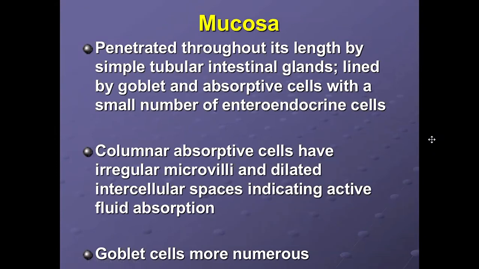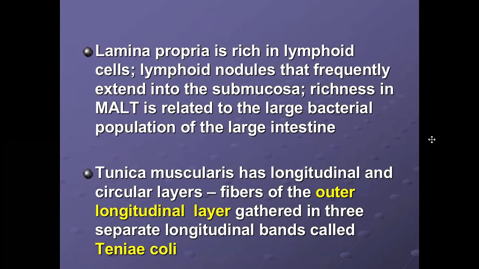So when you see the dilated spaces, it indicates active fluid absorption. The goblet cells are more numerous. Lamina propria is rich in lymphoid cells, lymphoid nodules that frequently extend into the submucosa. Richness in MALT is related to the large bacterial population of the large intestine. Tunica muscularis has longitudinal and circular layers. The same as well.